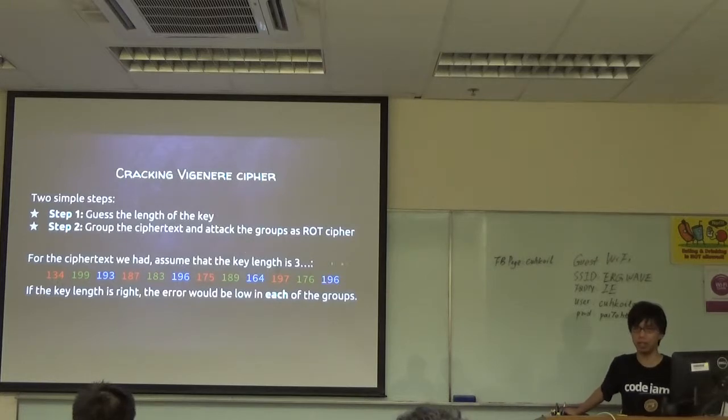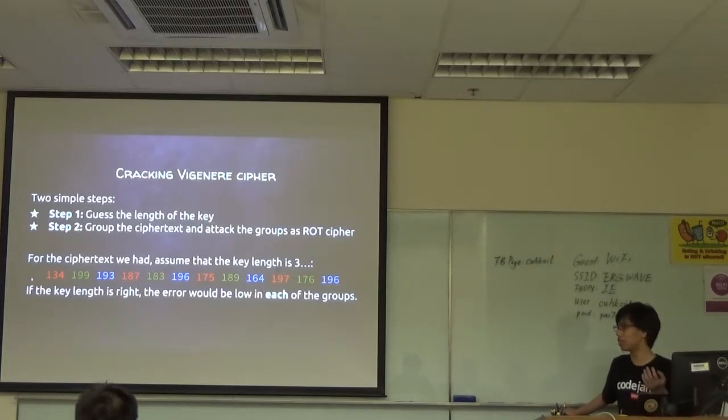Assume that the key length is 3 now. Then we could group the characters, the red ones into a group, the green ones into another group, and the blue ones into the third group, and attack them correspondingly.